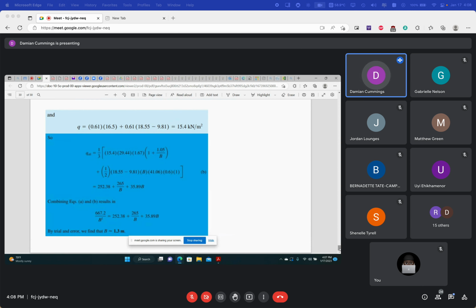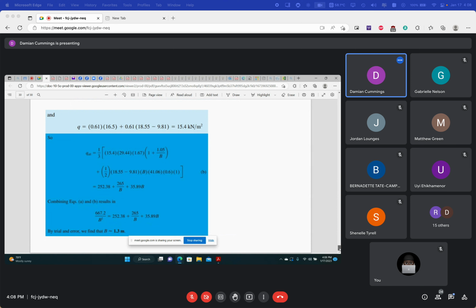All right, so now we can actually add to our bearing capacity equation. Based on where our foundation is located, we are in case 2, so we need to calculate Q differently. No, in case 1, sorry, so it's 15.4 kilonewtons per meter squared.